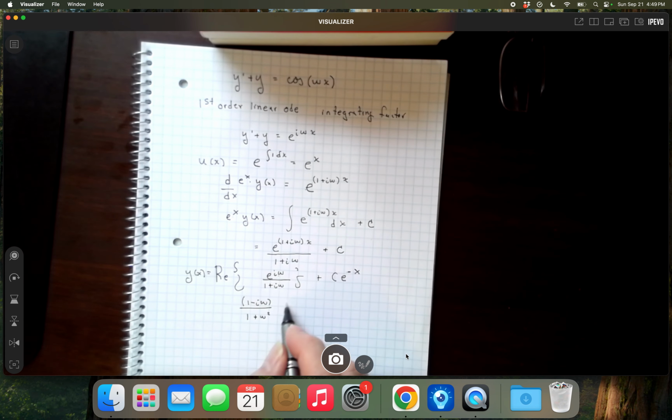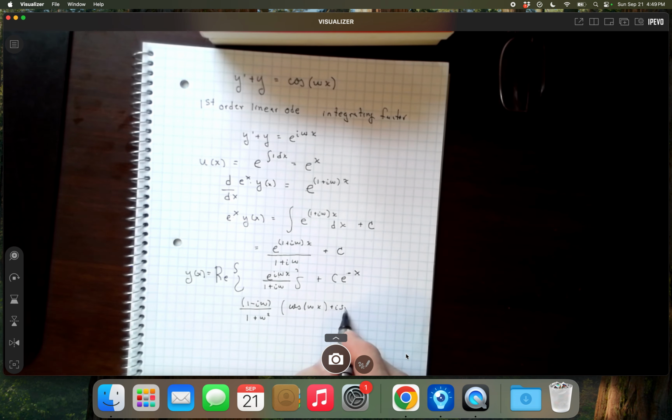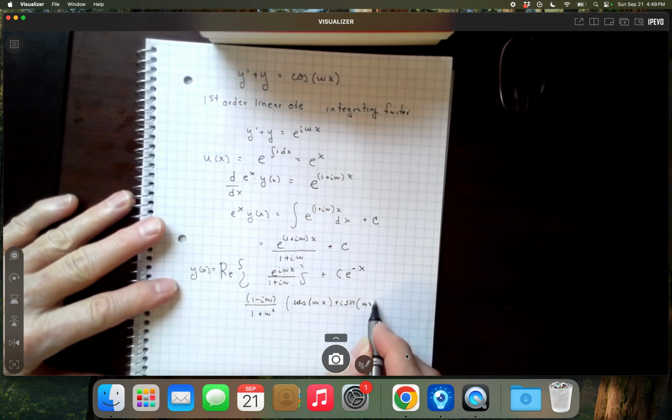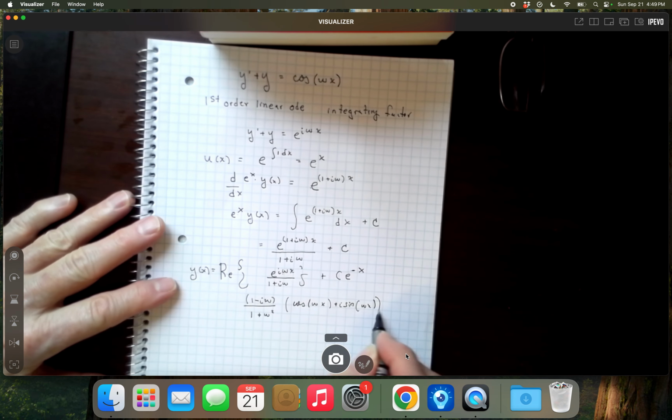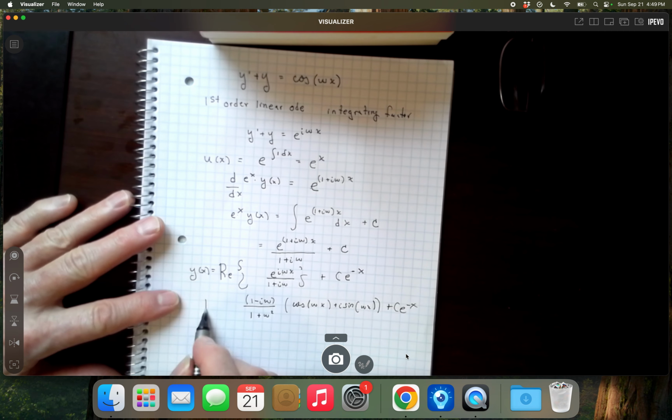And of course, this part becomes cosine omega x plus i sine omega x. We're just about there. Plus c e to the minus x. So we want the real part of this.